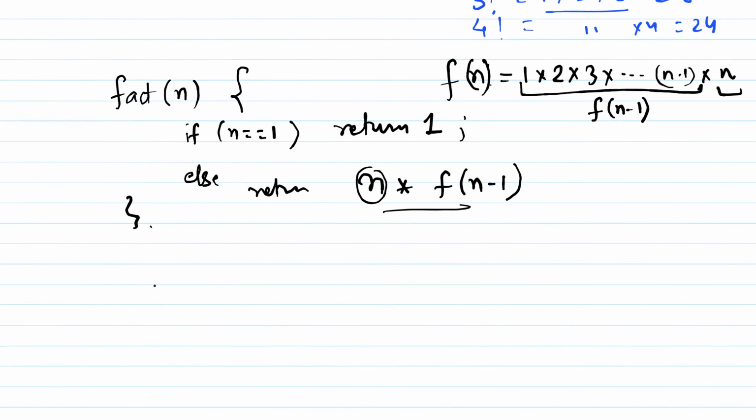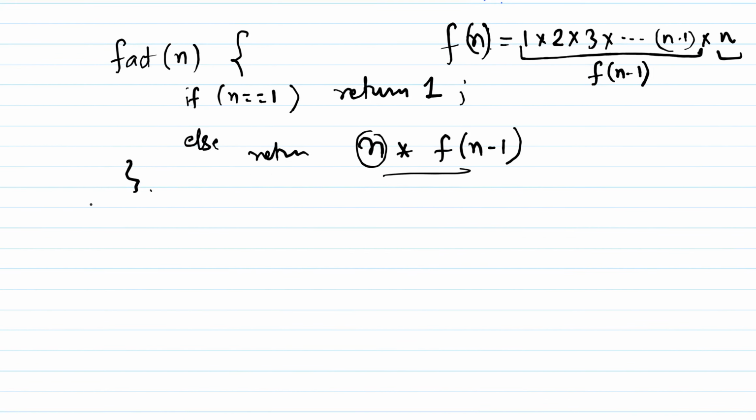Now let's take another problem. So gradually throughout this video we will look at harder and harder problems. So next, try to find the nth Fibonacci number. So let's assume that the Fibonacci number starts from 1.